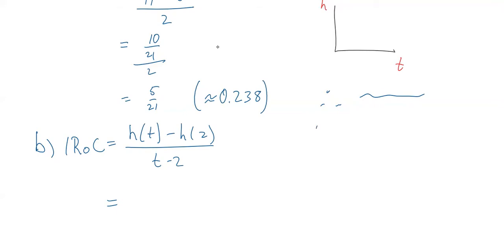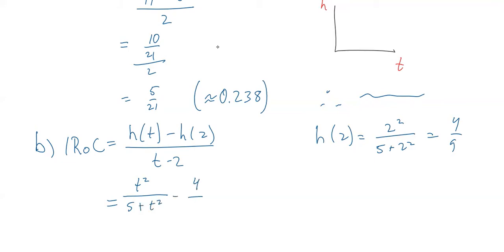So h of 2 is 4 over 9. So I get t squared over 5 plus t squared, minus 4 over 9, all over t minus 2.